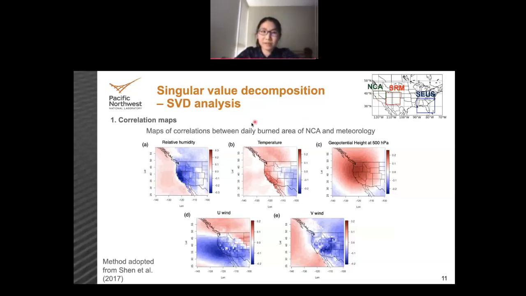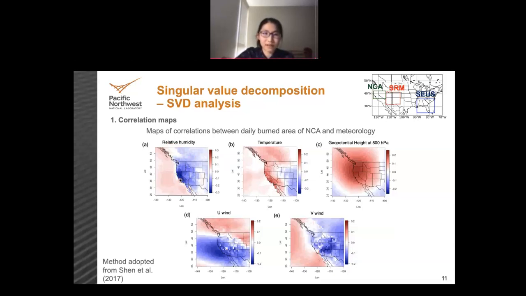And then we calculate the correlation between the daily mean burned area over Northern California and the gridded meteorology over here, for RH, temperature, geopotential height, U wind, and V wind. You can see here that generally the fires over Northern California have a negative correlation with RH.